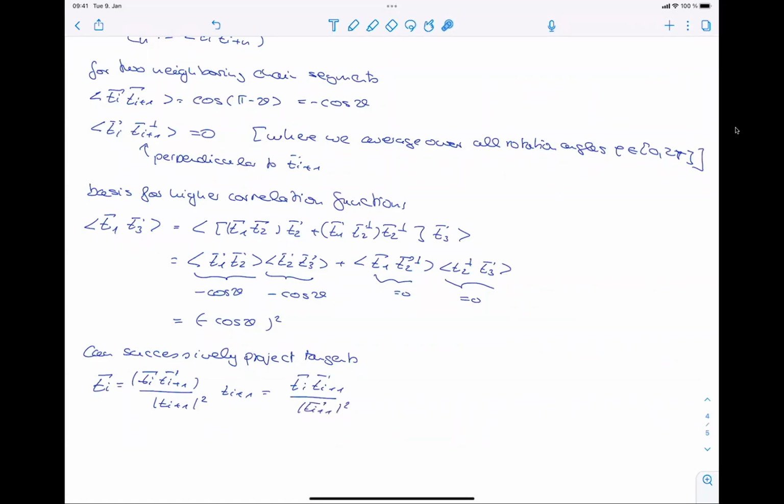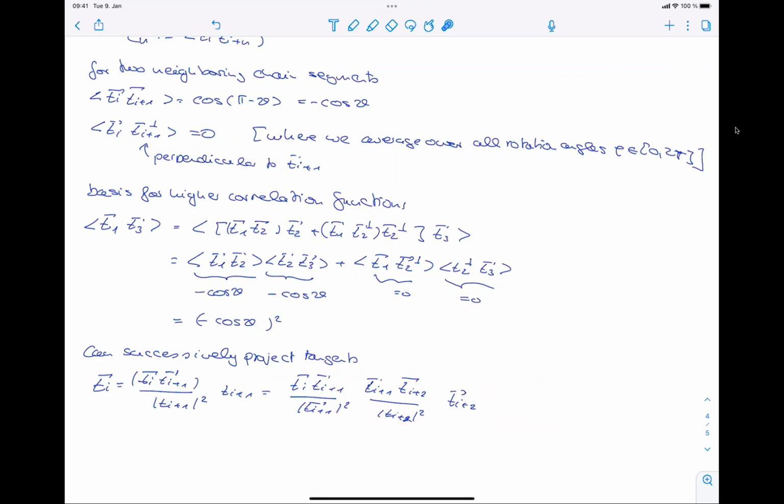And then I can write this as its nearest neighbors. So then this becomes Ti plus 1, Ti plus 2, and so on. And so you can see that we can keep on doing this.